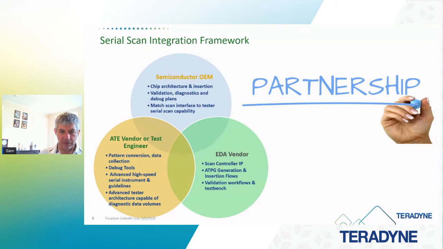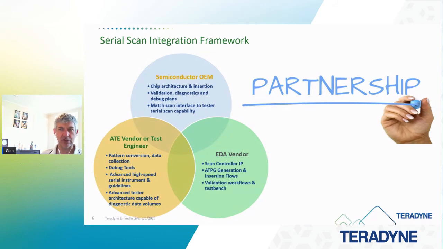So I spoke before about the collaboration that's required in serial scan. What are the roles and responsibilities of each party? The semiconductor OEM needs to focus on the chip architecture, how the scan chains map into IP blocks, and doing the insertion, making sure to do the validation, diagnostics, and debug plans to make sure that the IP is verified, everything is stitched, the stuck-at coverage can be achieved, in simulation.